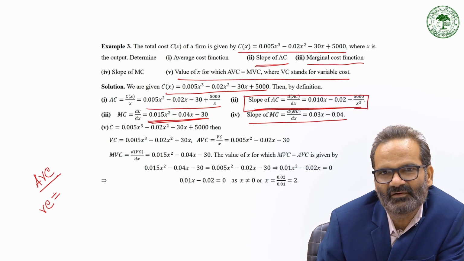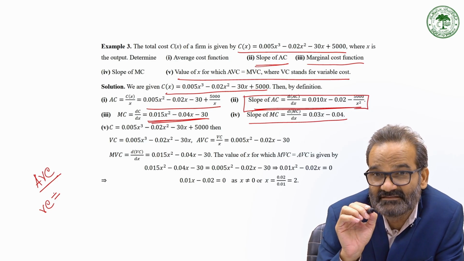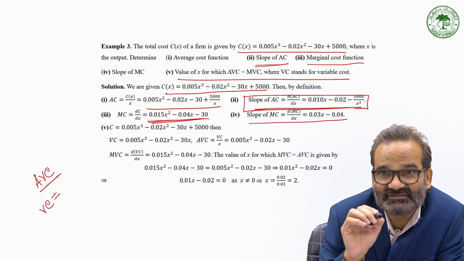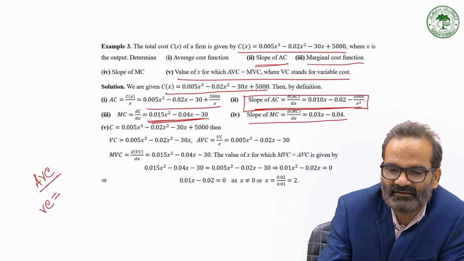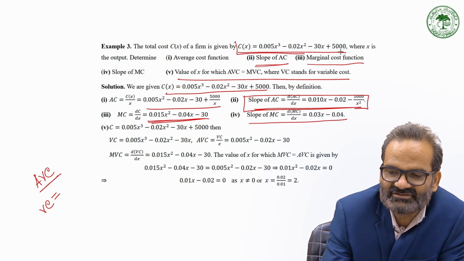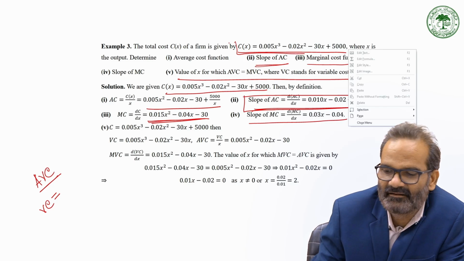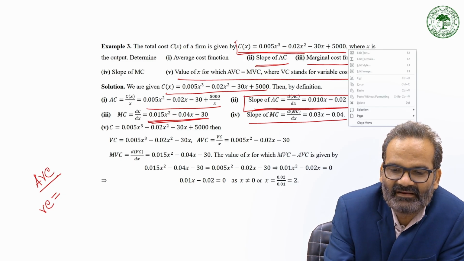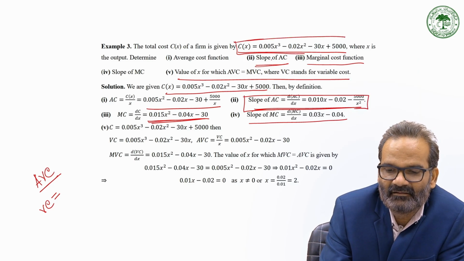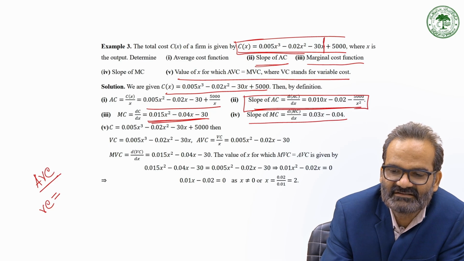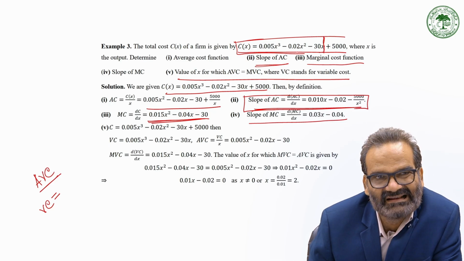Variable cost is what? The total cost function represents the sum of the variable cost plus fixed cost. So here our total cost function is this, right? So what is variable here? 0.005 x cube minus 0.02 x square minus 30x. This portion depends upon x because it contains x.